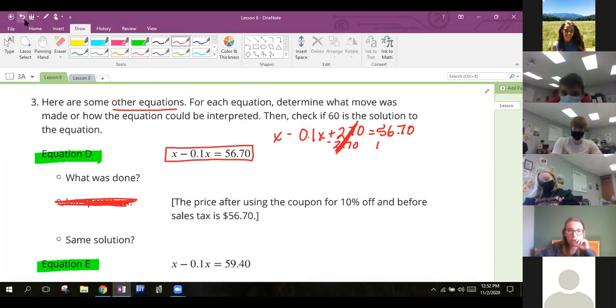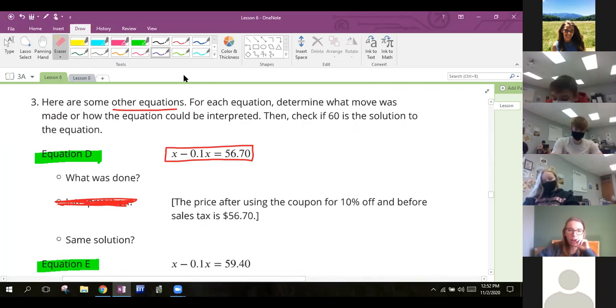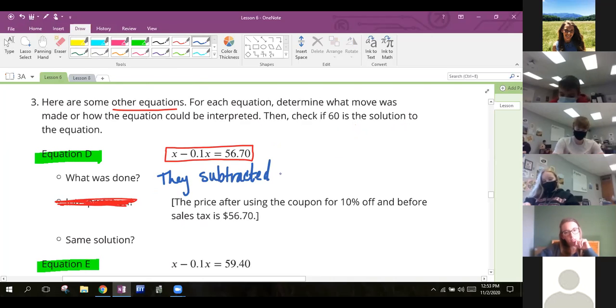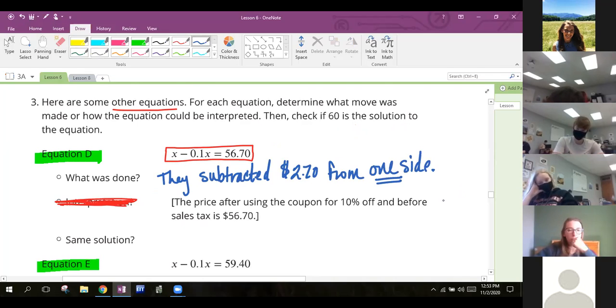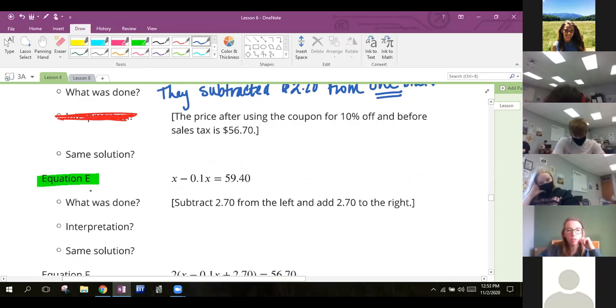No. They subtracted 270 from one side. All right, so when they only subtracted 270 from one side, did we end up with the same solution?